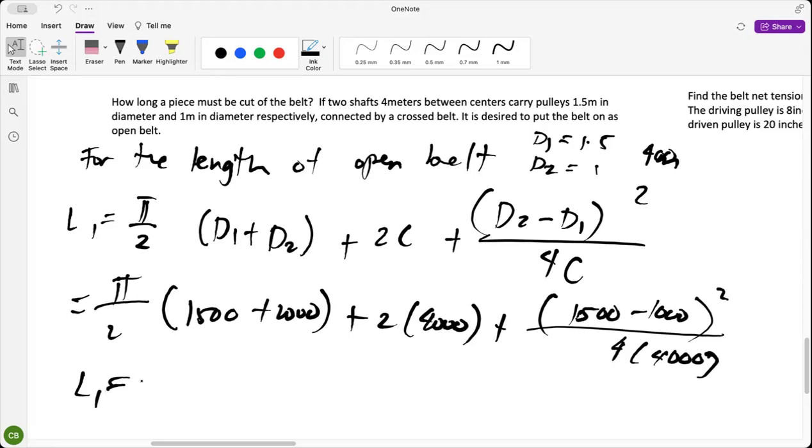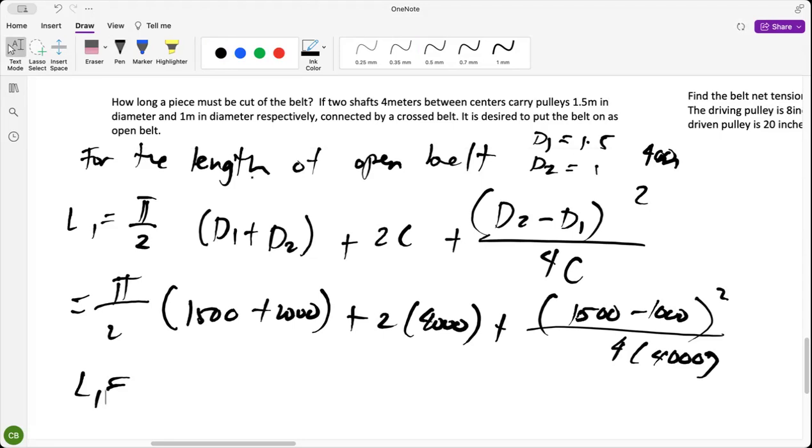I over 10 over I over 2. Okay, I compute it. So that will be 160.